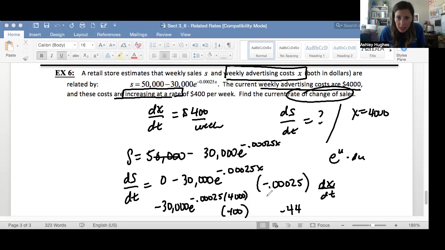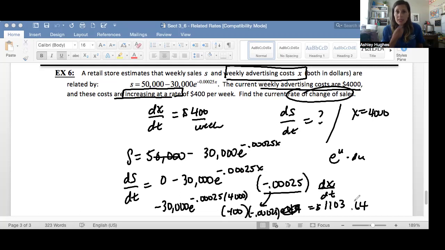I didn't multiply times that. I didn't multiply times negative 0.00025. We're going to multiply times that too. I didn't copy that part. Okay, so I get negative 1103.64 if I round to the nearest cent.